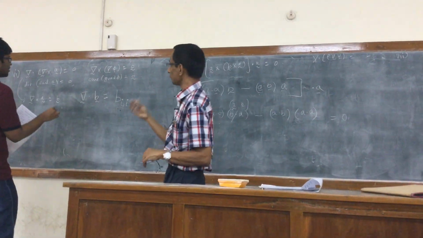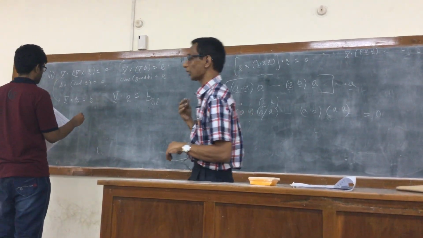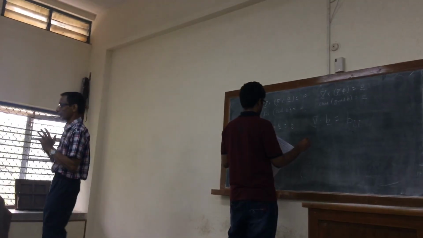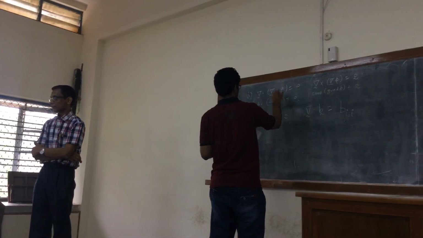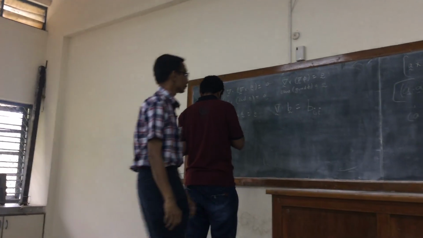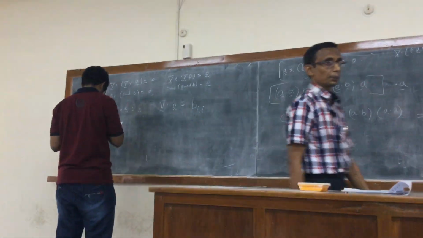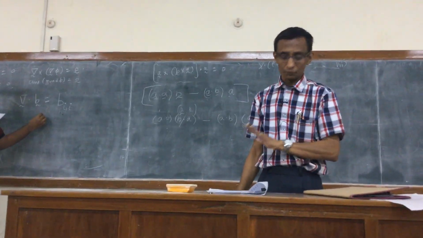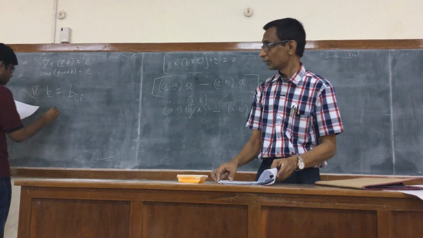So now write B. What is B? The curl of A. So I want the ith component of the curl of A. That's there in the formula sheet. The ith component, so Bi. That's the curl of A. The ith component of B is given in terms of the epsilon.